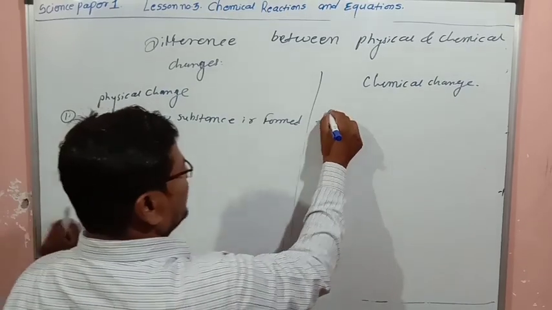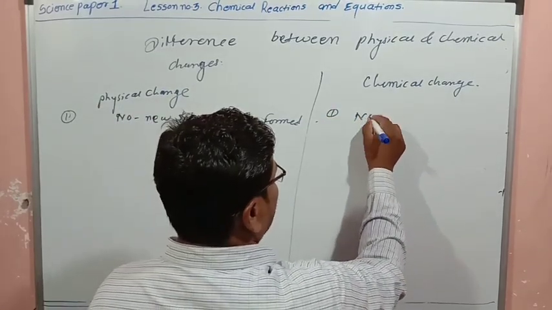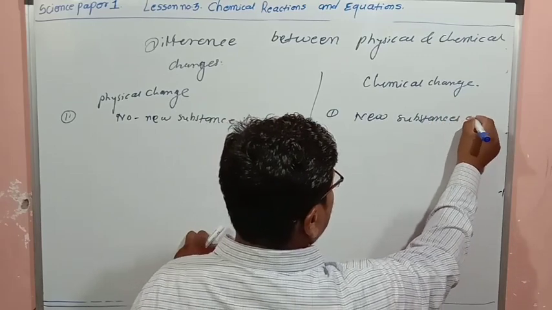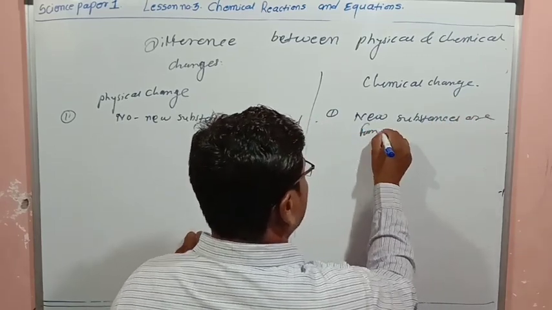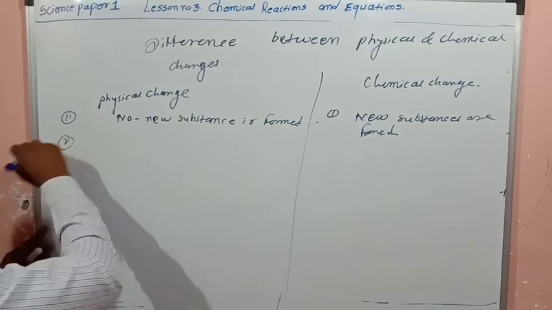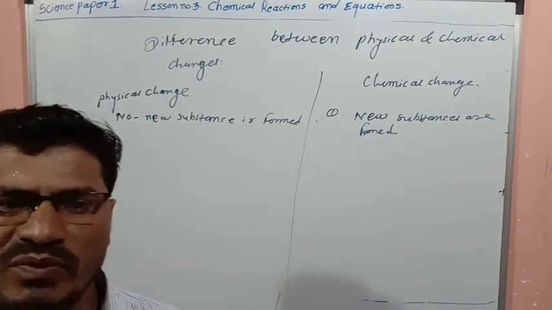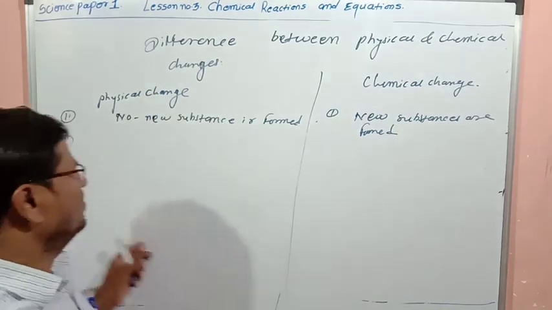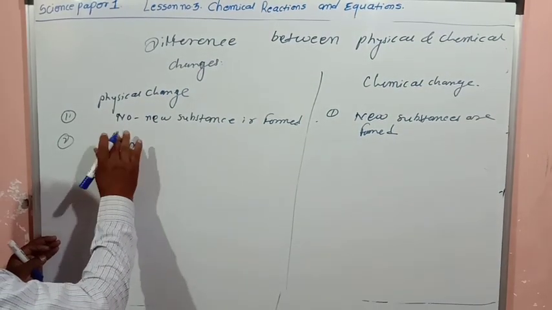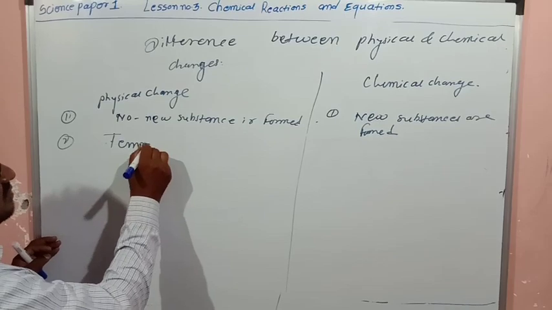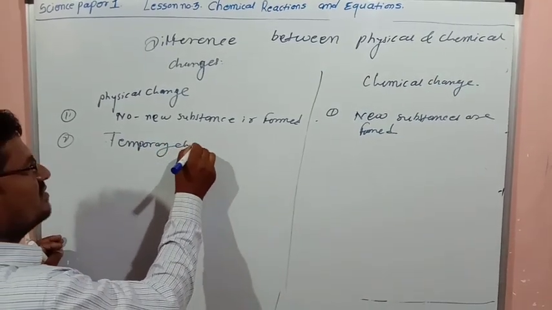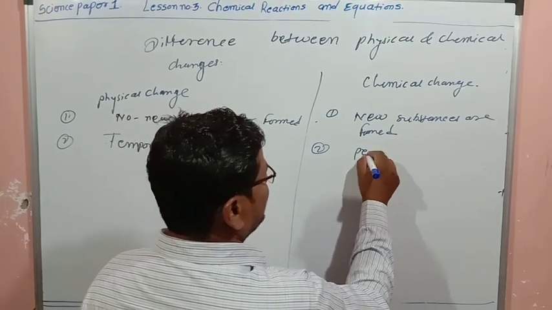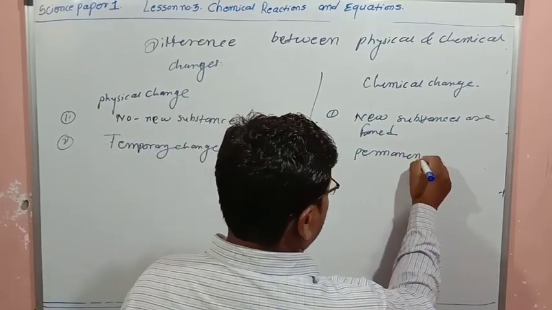And here you can write, new substances are formed. Second thing is that physical change is a temporary change. And here chemical change is a permanent change.